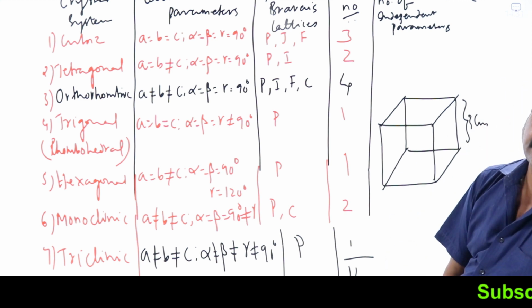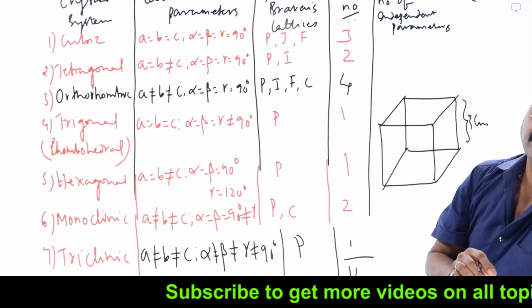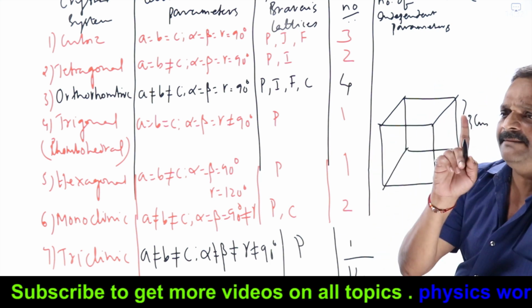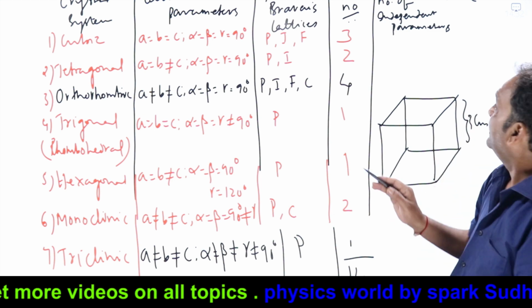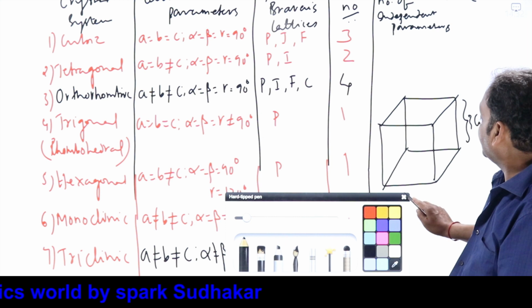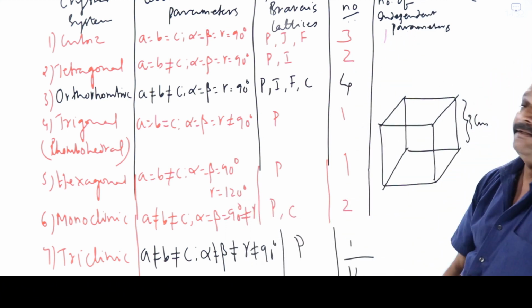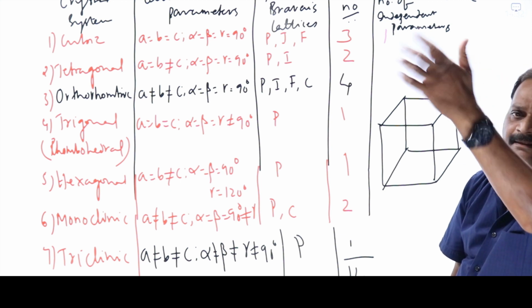How many parameters are required for you to draw a cube? Only one parameter, one side is sufficient. Means the number of independent parameters required to describe a cubic unit cell is only one, that's all. You specify its side, the remaining things you can draw.